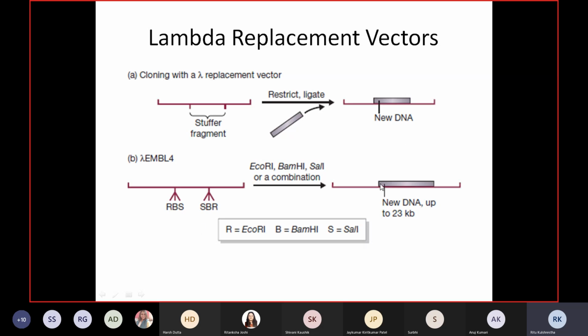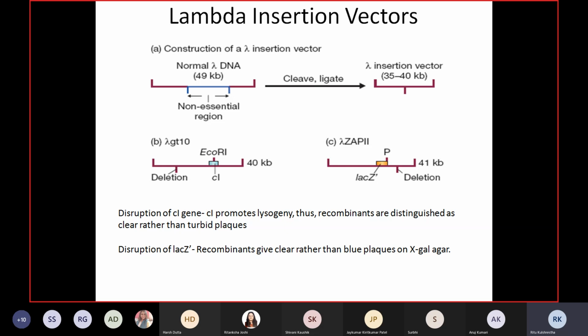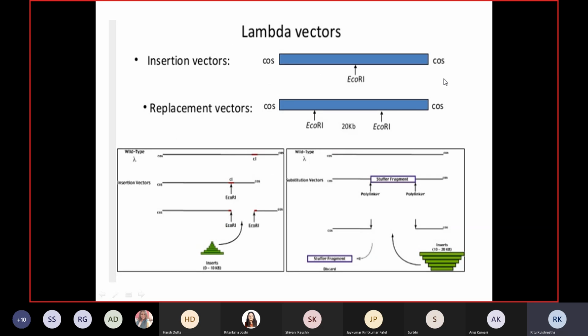You can take out the stuffer fragment by digesting it with any of these enzymes, and you have your gene of interest, which is also cut with the same enzymes, and then you ligate it, and you have these lambda replacement vectors developed. The major difference between insertion and replacement vectors is that these can incorporate around 20 to 23 kb, while the limit for insertion vectors is only around 10 kb.